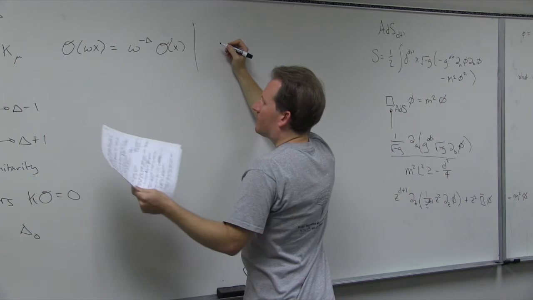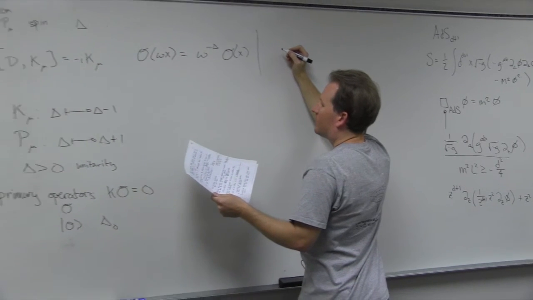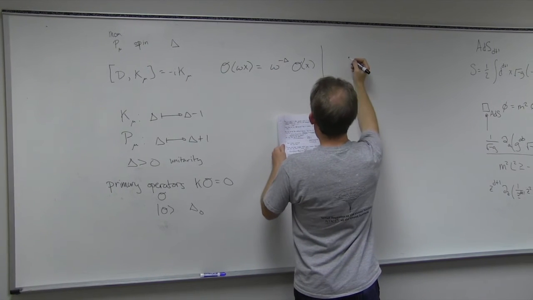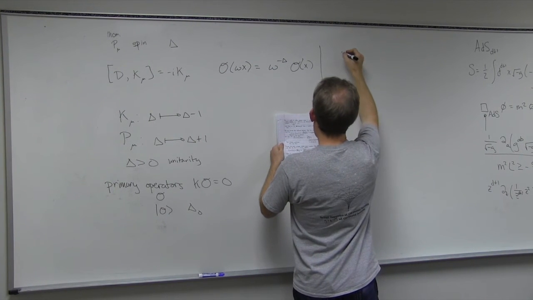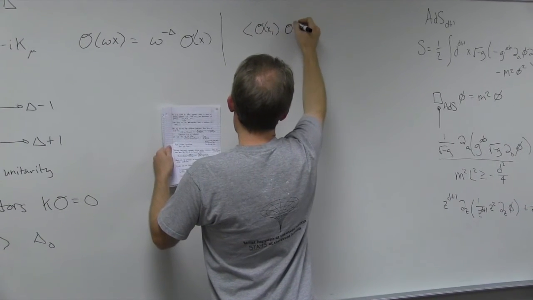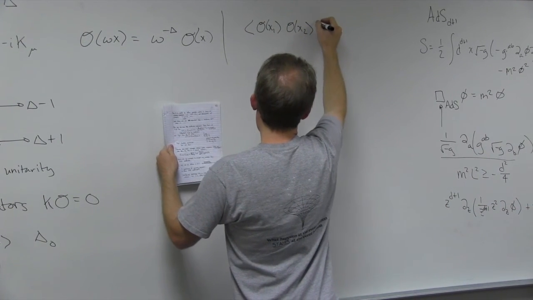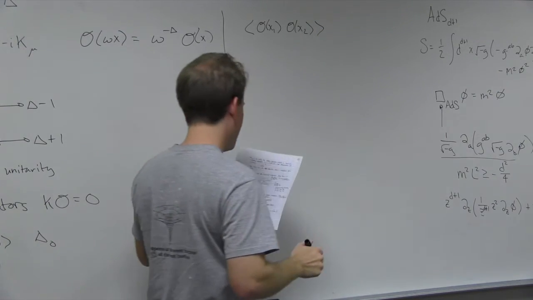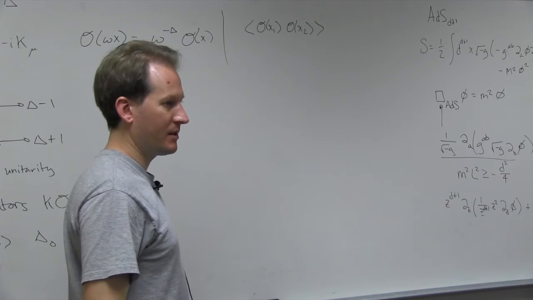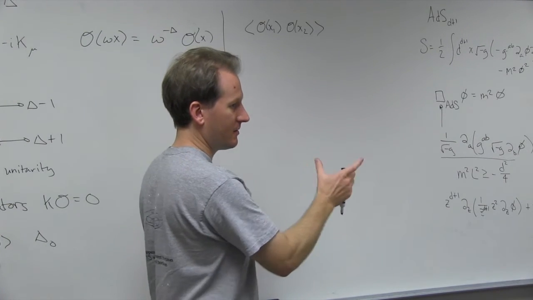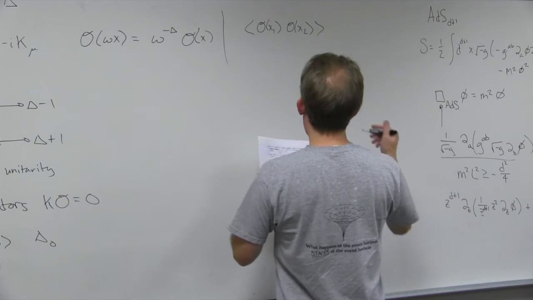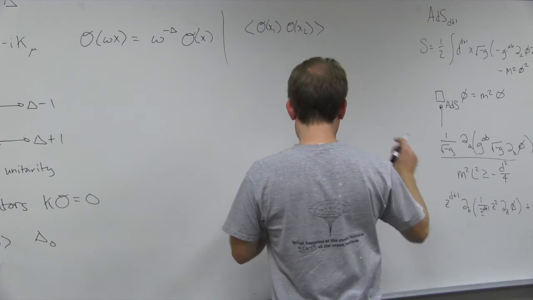So the first thing that one usually shows is that if you have two primary operators and you take their two-point function, first of all, from Poincare invariance, you know that the two-point function has to be just some function of the interval between them. But conformal invariance tells you more.